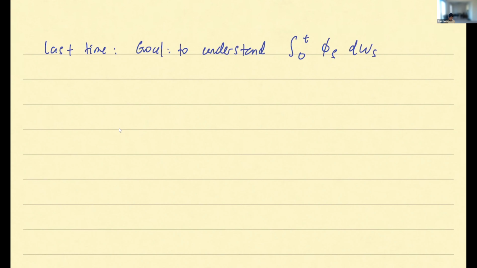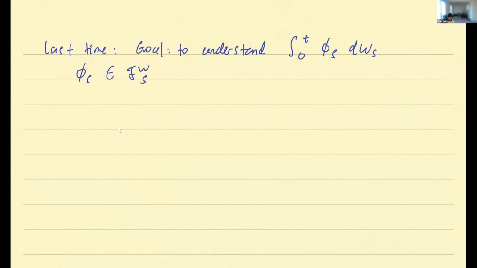So adapted means that whatever you're trying to integrate against the Brownian motion must belong to the Brownian motion filtration.